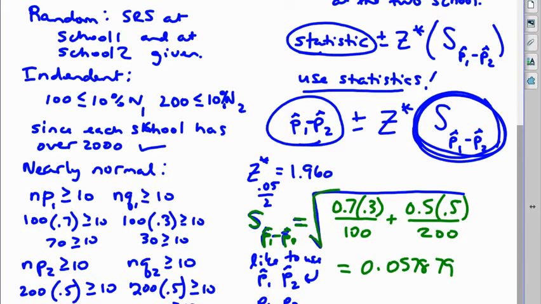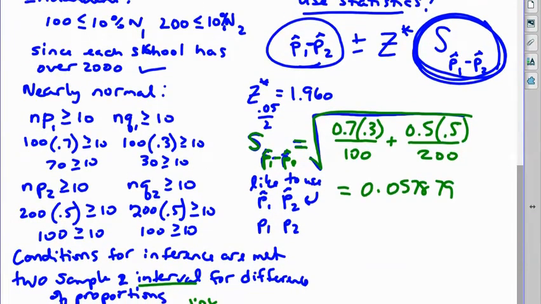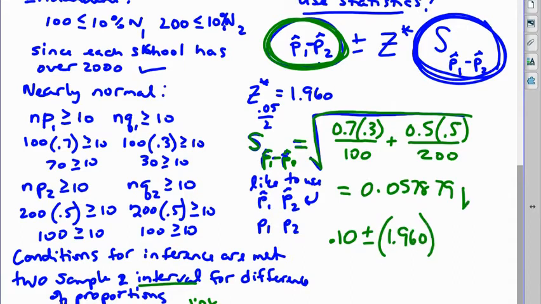It's that right there. Okay, so now let's go down, make myself a little room here and actually calculate this interval. So I know what this is right here. I know what we think that is. So we think that is 0.10. So let's do our 0.10 plus or minus our 1.960 and bring that standard error down.